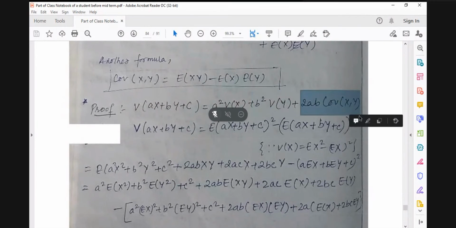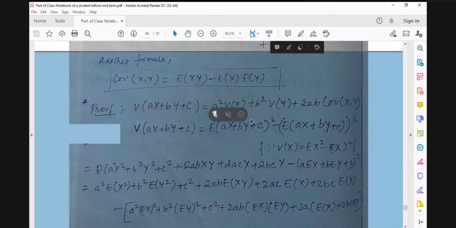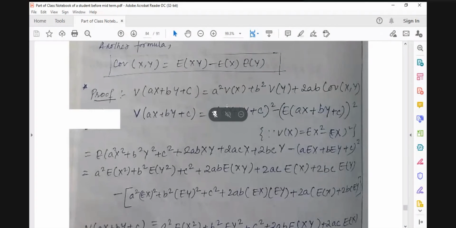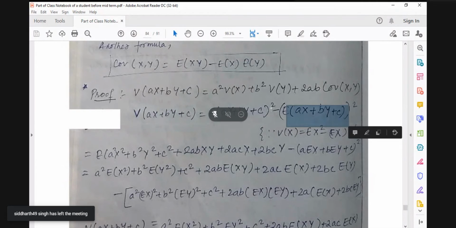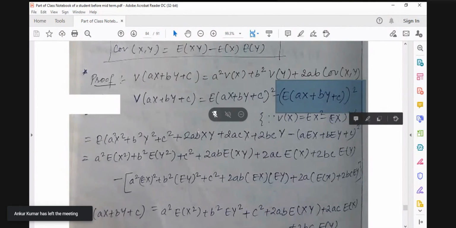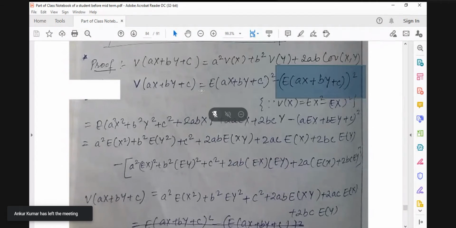2ab covariance of xy. So we already proved this in the last class by using the definition of variance. Variance of x is defined by the expectation of this whole square. And then we square and use the linearity property of E also.